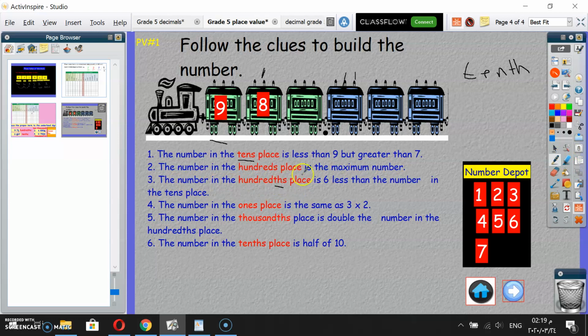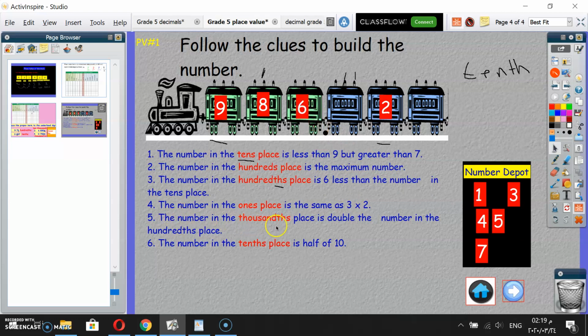Here is the hundredths, 6 less than the number in the tens place. So 8 minus 6, it will be 2. The number in the ones place is the same as 3 times 2. Here is the ones place, so 3 times 2 is 6.